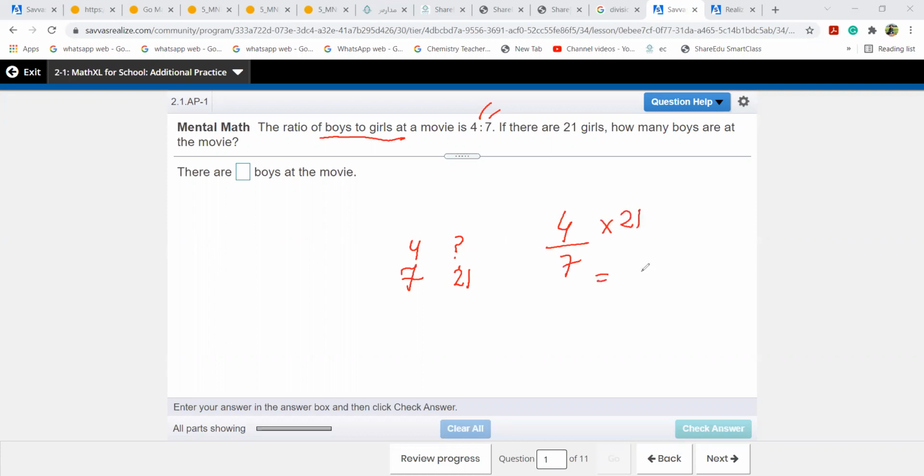Tell me the answers. 4 divided by 7, what do you get? 0 point... okay, multiply by 21. 0.57 times 21.